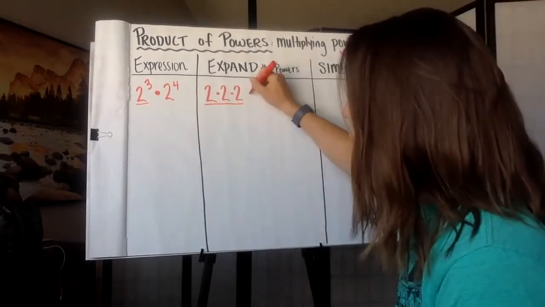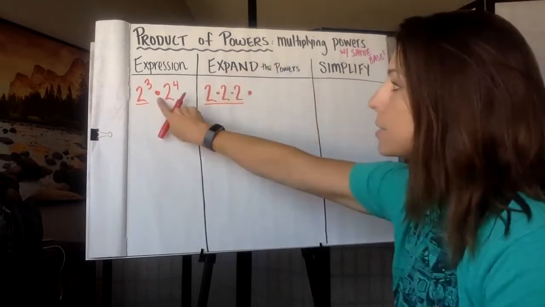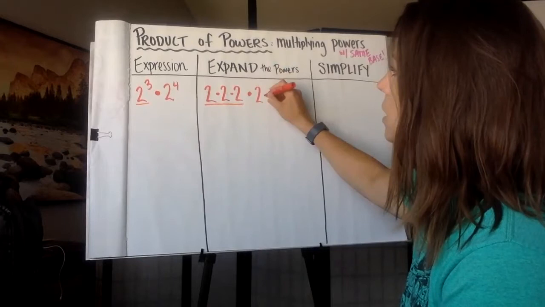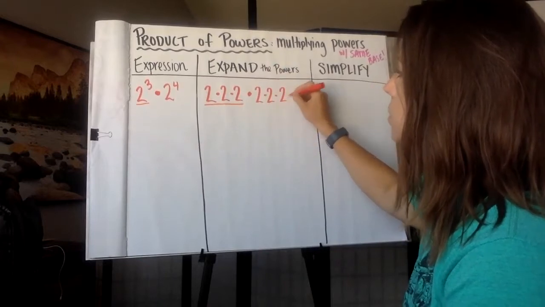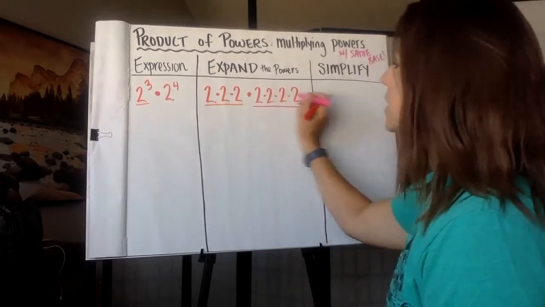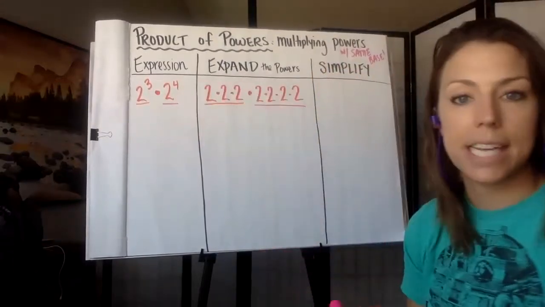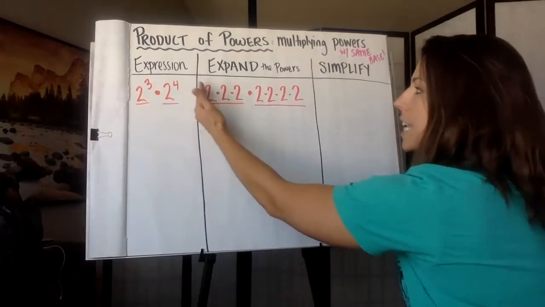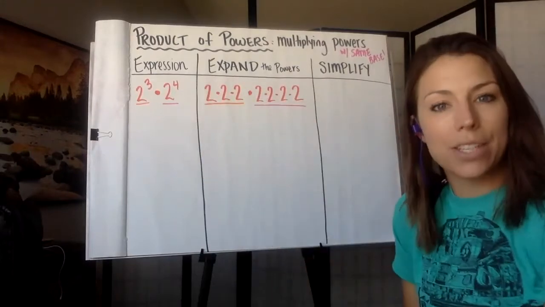Now I'm continuing that multiplication because it is times, and then we're going to expand 2 to the fourth power: 2 times 2 times 2 times 2. So that second part here is the second power expanded. What you might notice is all we did is continue to multiply by 2s.